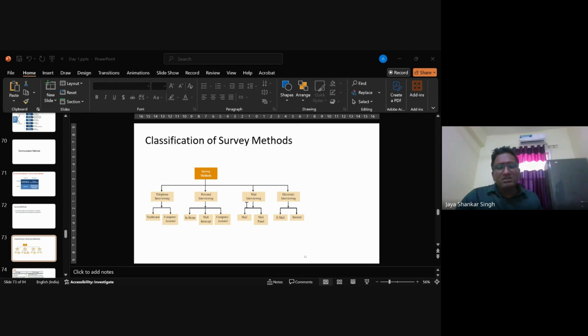There is no fixed answer in open-ended questions. The data obviously will be qualitative. Open-ended questions are there for collecting qualitative data. If you're trying to capture opinion, behavior, all those things, you will capture them through open-ended questions. And you're trying to explore something also, to understand the consumer perspective. You want a detailed explanation.